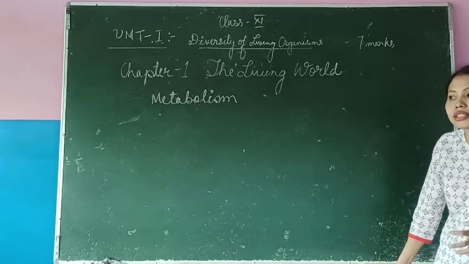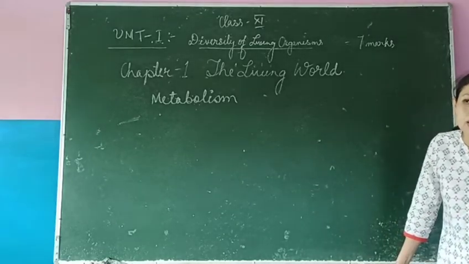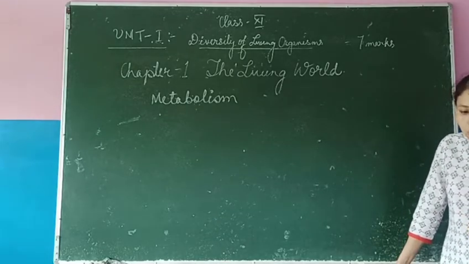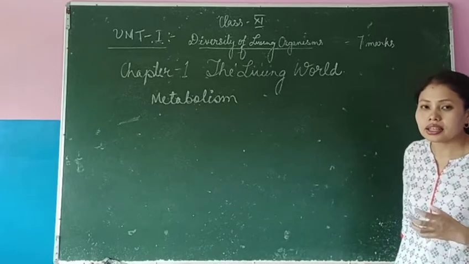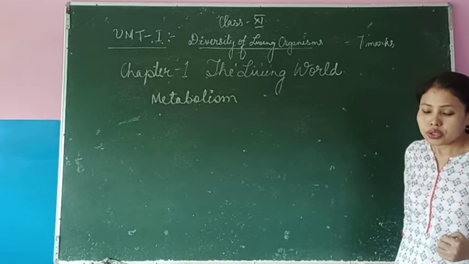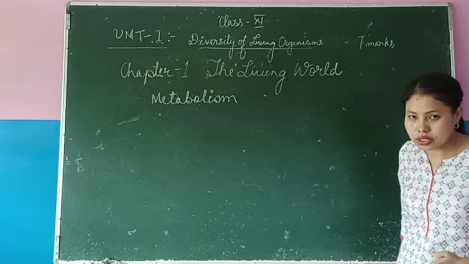These enzymes make it possible for chemical reactions in our body to occur. Since these chemical reactions occur in the living, we call them biochemical reactions. This biochemical reaction is very important.